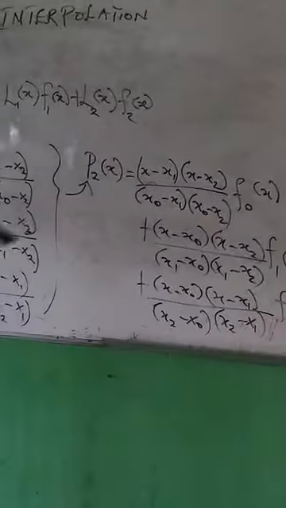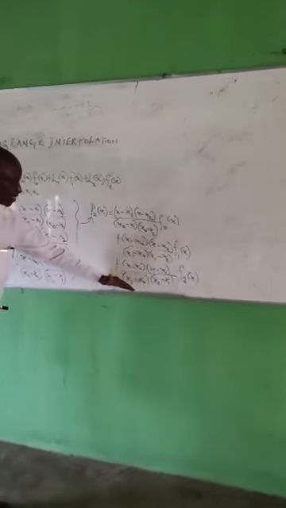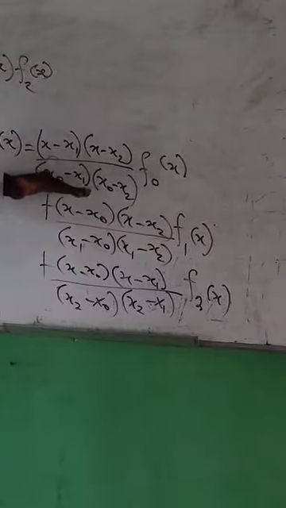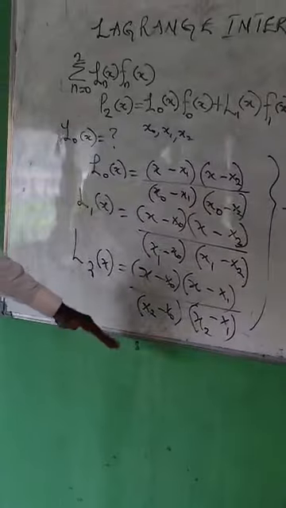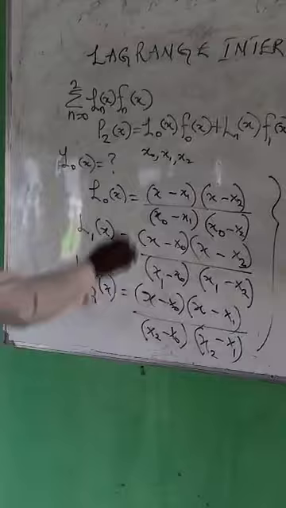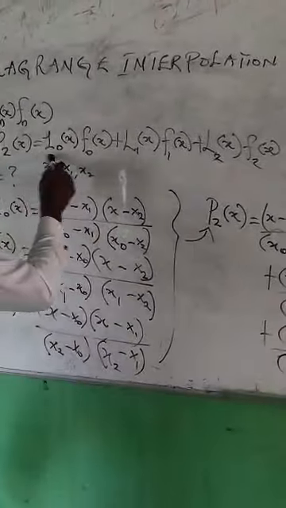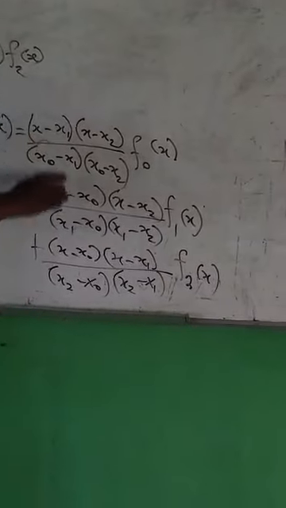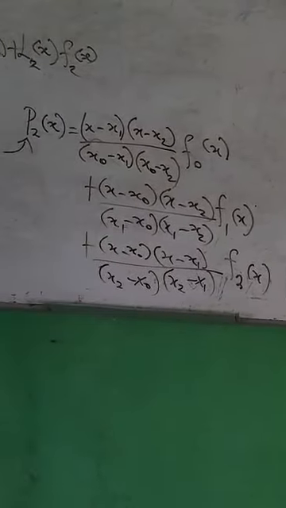So we have this joint expression as the quadratic interpolating polynomial formula. Take note that this was generated from this initial work we did. Having generated this, we insert it here to get this joint expression, which is finally given as this. Take note.